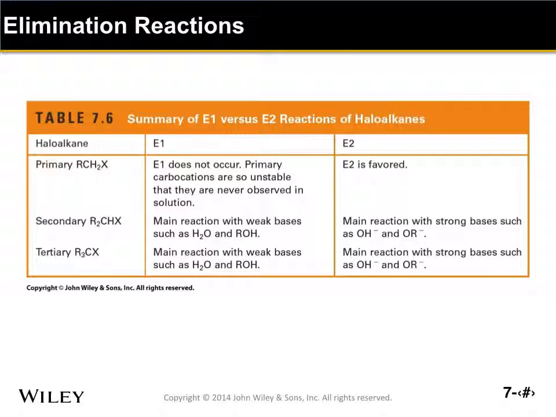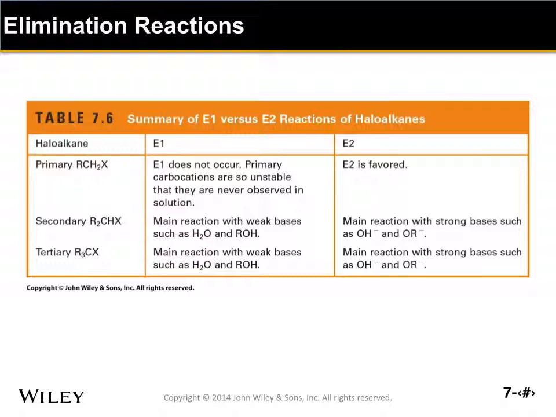Secondary alkyl halides are reactions where you either make the carbocation in the E1 or do it all at the same time. That is, pull the proton off, make the pi bond, have the leaving group leave, all at the same time. If you're going to do an E2, you need a strong base. And that's generally true for any E2 reaction.